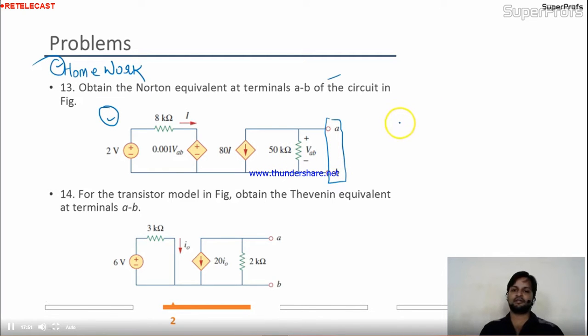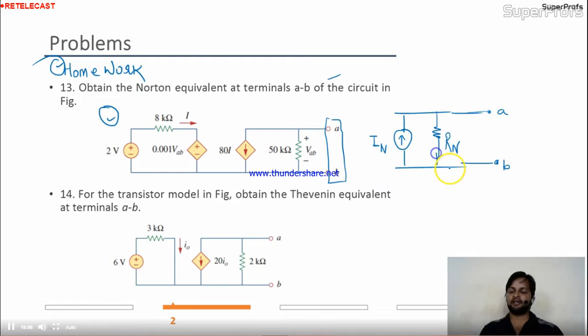The Norton equivalent is nothing but a single current source, that is IN, in parallel with RN or RTH, or R equivalent of the circuit across the points A and B. Is it okay to you people? So you have to calculate this. This is very simple and this is homework to you.